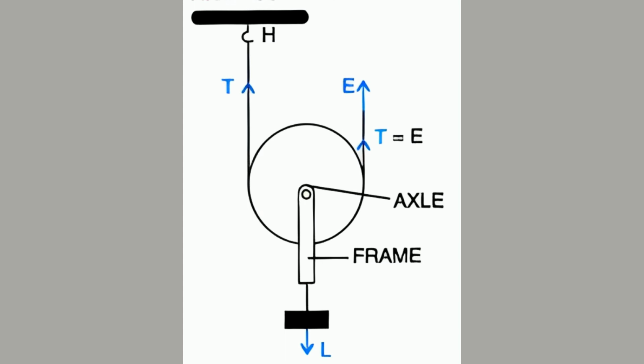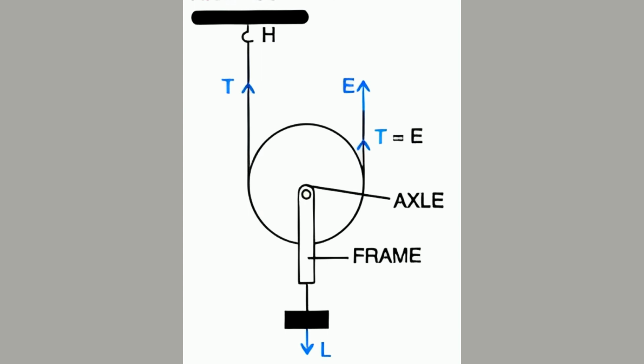So in this case, the frame of the pulley is not fixed to a rigid support. The load L which is to be raised is suspended from its axle. One end of the string is tied to the hook edge at a rigid support.